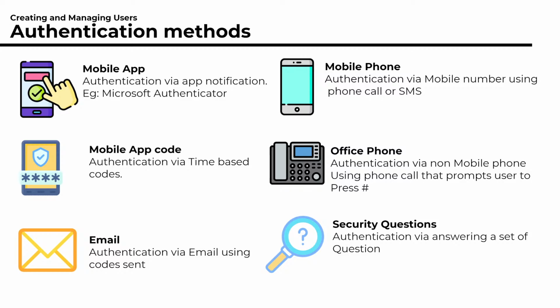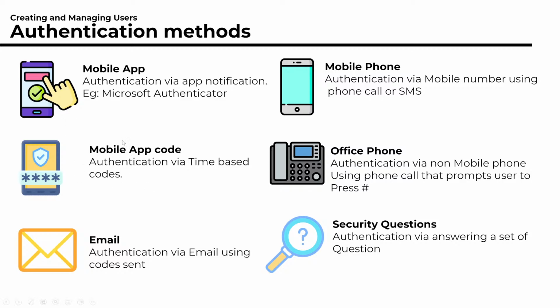Every time he tries to log in to the application, the request should be approved from the mobile app first. A request comes to the authenticator application, and the user should allow or deny the access for logging into that particular service.